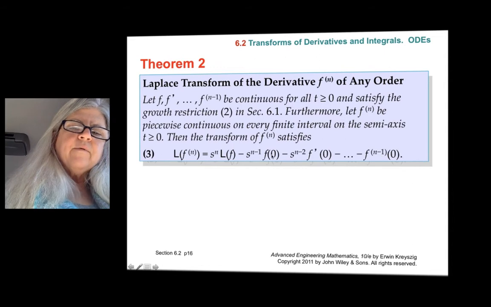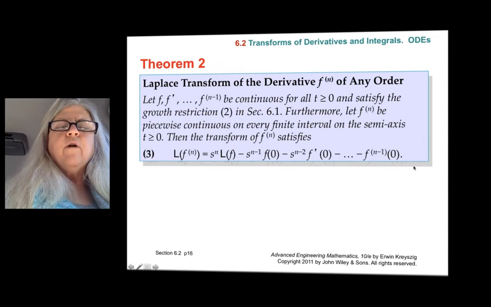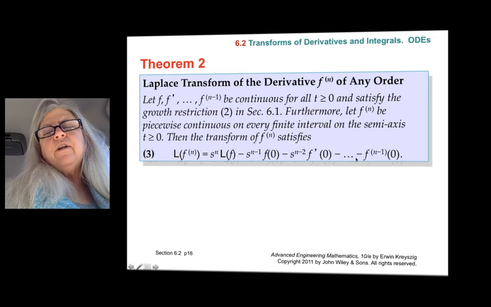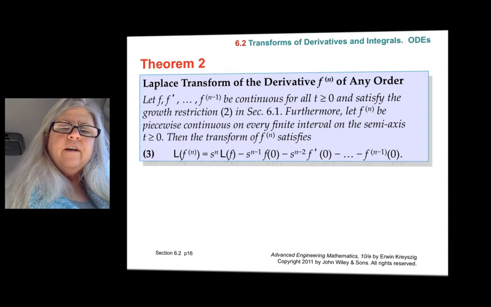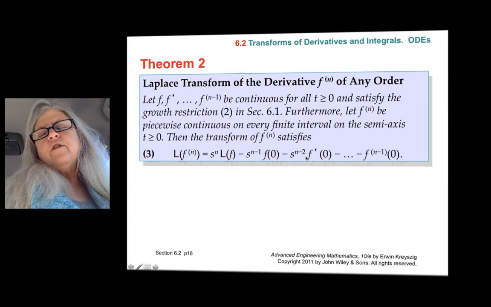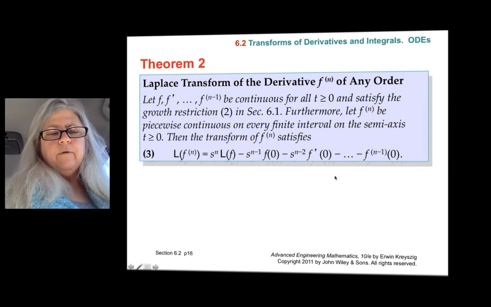Oftentimes our initial conditions will all be 0, which makes for a very easy s to the n times the Laplace transform of f. But if we have initial conditions, they have to be included in this equation. If you're modeling, for example, the voltage in a circuit, then you would need initial conditions on the voltage at 0, the voltage's first derivative at 0, and so on.